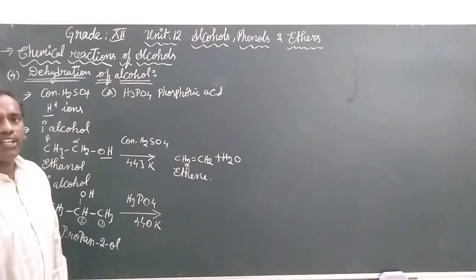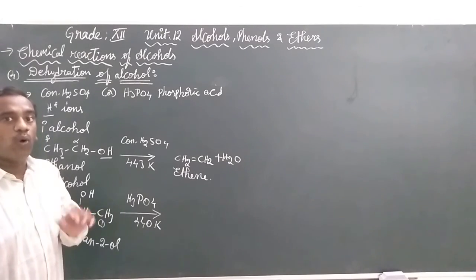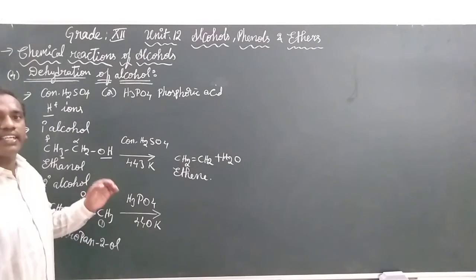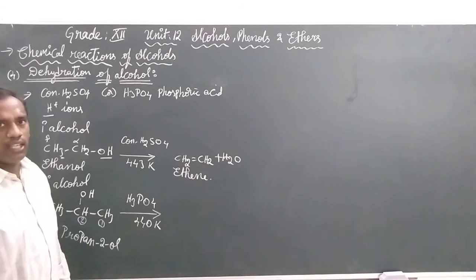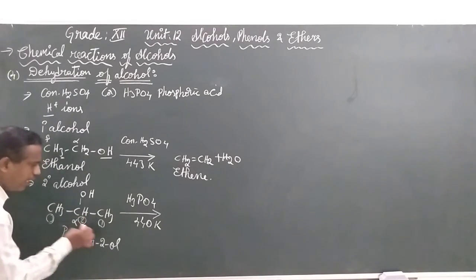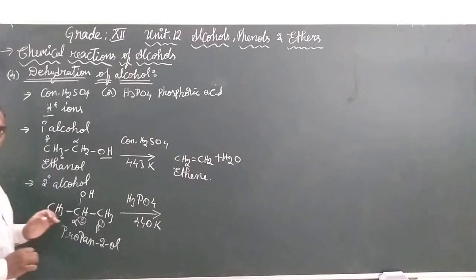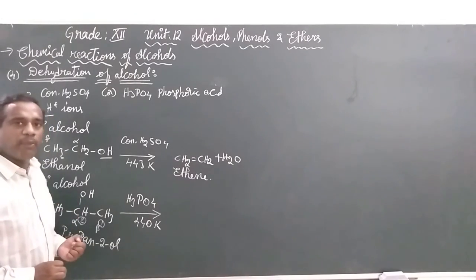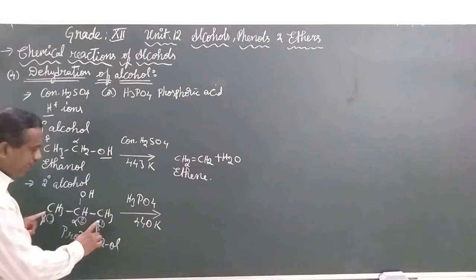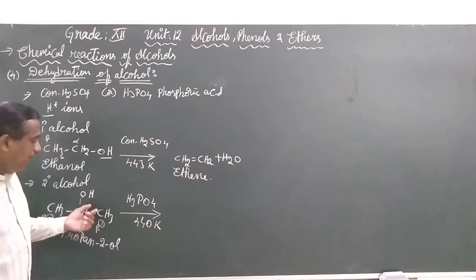Dehydration can be achieved at a very low temperature than in the case of primary alcohol. Here, imagine this is the alpha carbon and here we have the beta carbons. So the OH group will be eliminated along with any of the beta hydrogens.